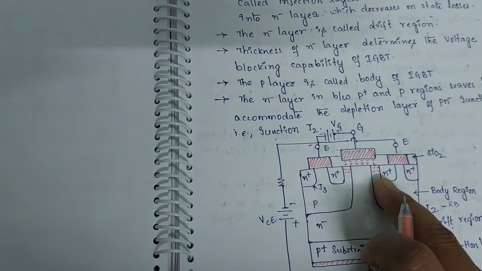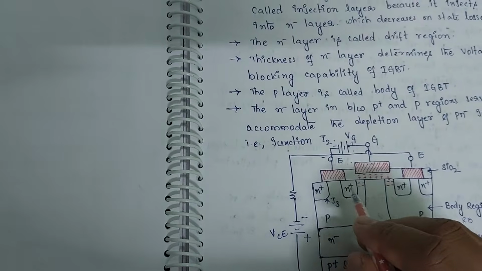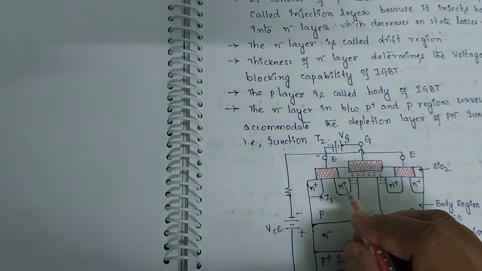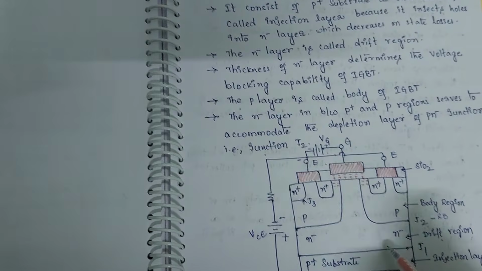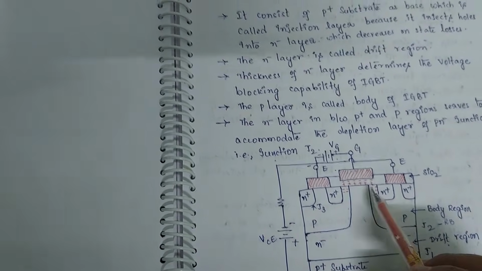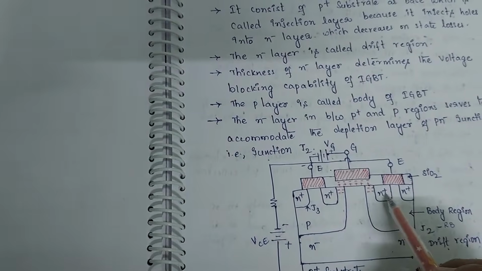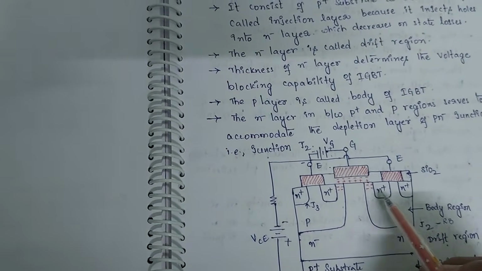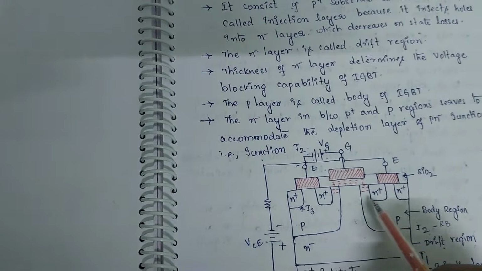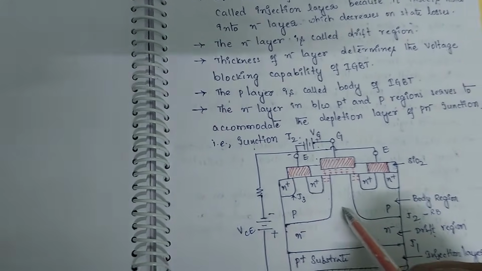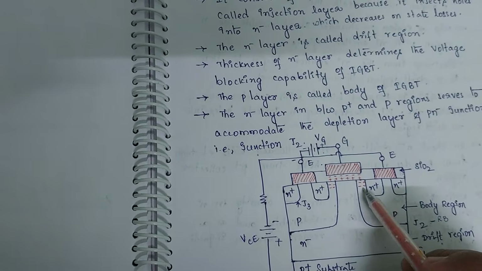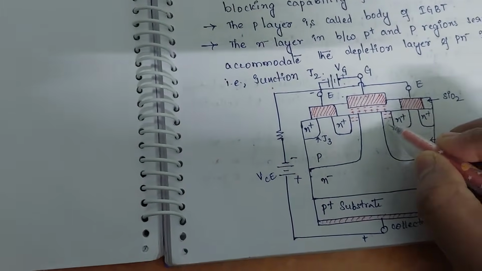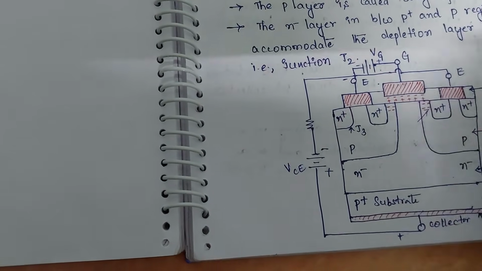When this happens, there is a chance of conduction between this P junction and N minus junction, so this N plus can now inject electrons into the N minus region. By making this N channel, this creates a channel now. This is an inversion layer now.